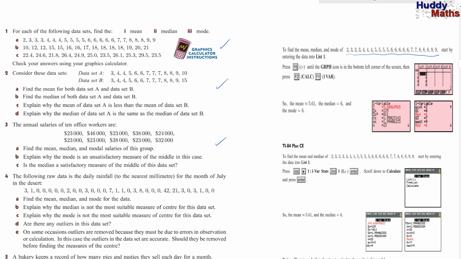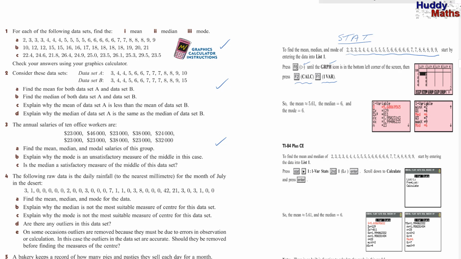What do you do? You go to stat mode on the calculator, as you do with the TI. We'll do that in a minute. Stat mode, and if you go to F6 and go to the page that's got graph on it, then you will have F2 calc and hit F1 there.